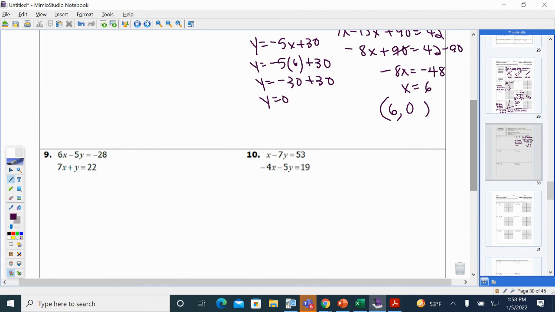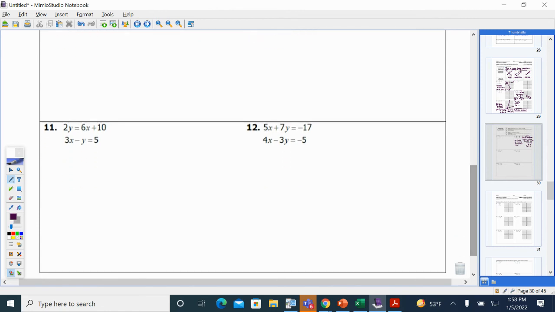I'm going to choose number 11. We're going to look at number 11. Number 11 says 2y is equal to 6x plus 10. And 3x minus y is equal to 5.